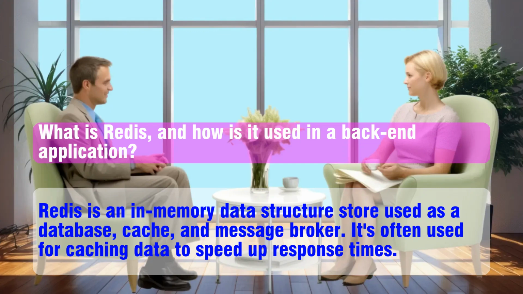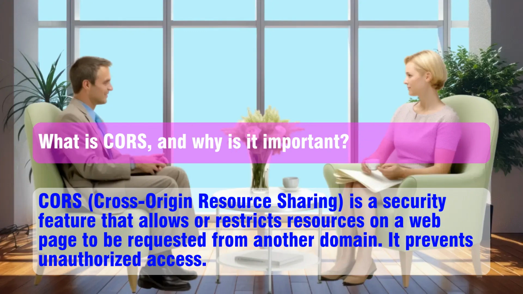It's often used for caching data to speed up response times. What is CORS, and why is it important? CORS, cross-origin resource sharing, is a security feature that allows or restricts resources on a web page to be requested from another domain. It prevents unauthorized access.